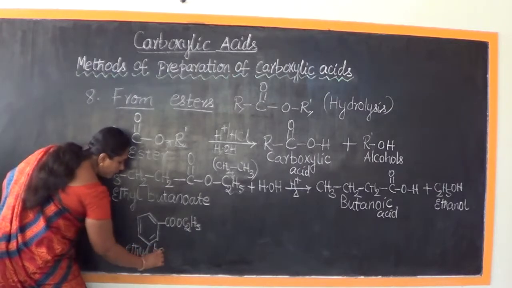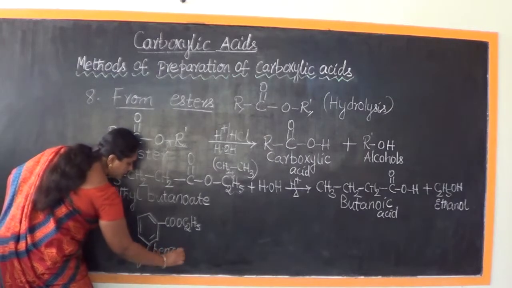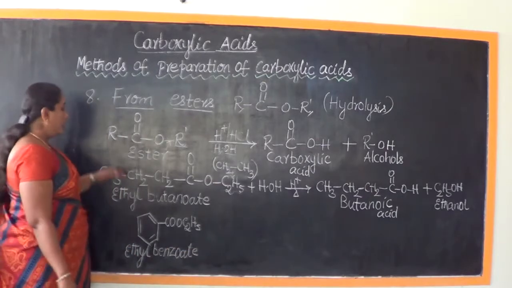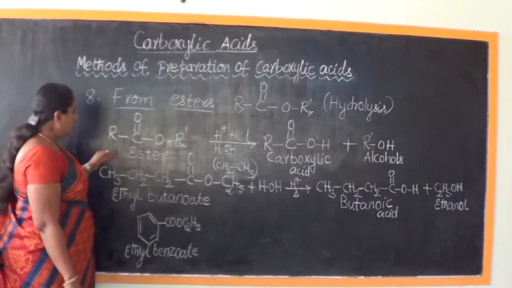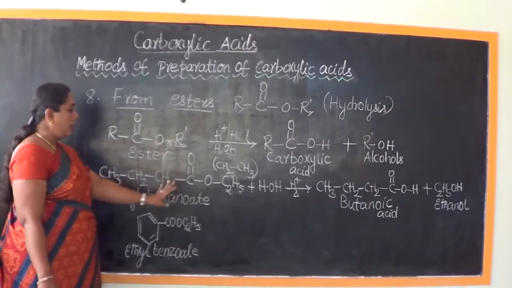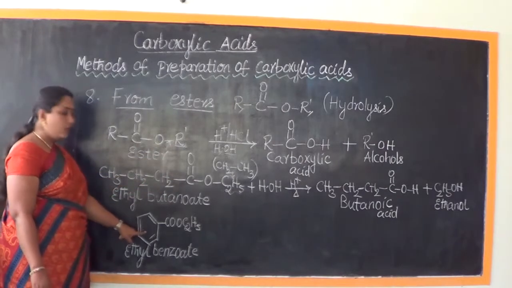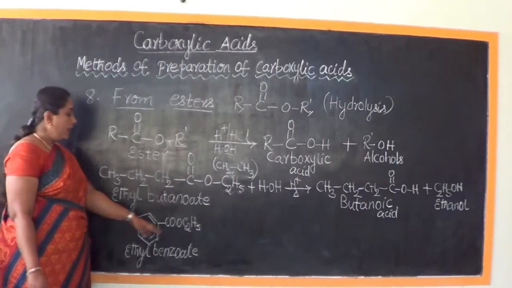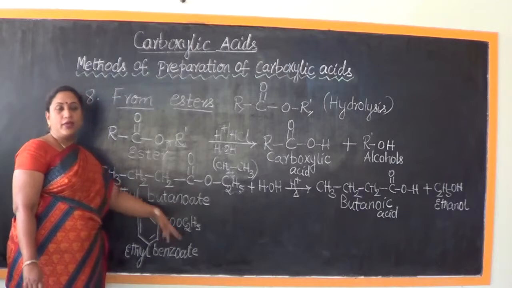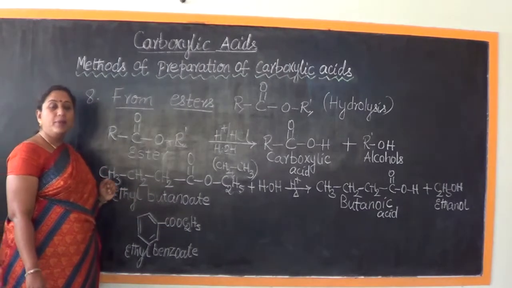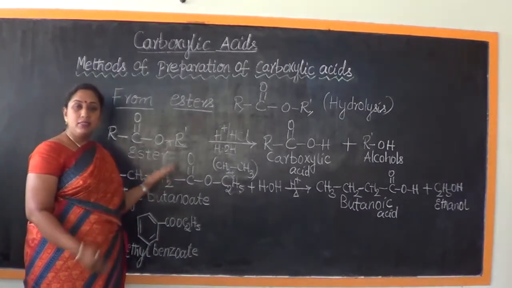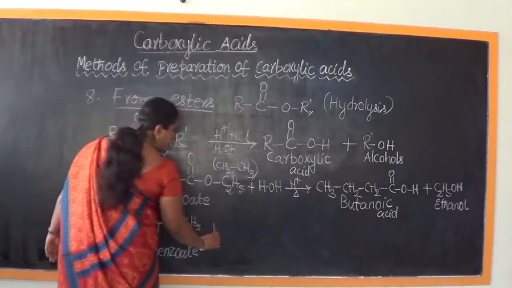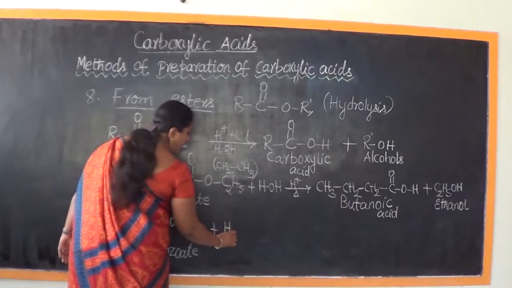Ethyl benzoate. This is also an example of an unsymmetrical ester like the previous case, because both the R's are unlike here also. Here one R is C6H5, another R will be C2H5. So it is also an example of an aromatic unsymmetrical ester. This is subjected to the process of acid hydrolysis.